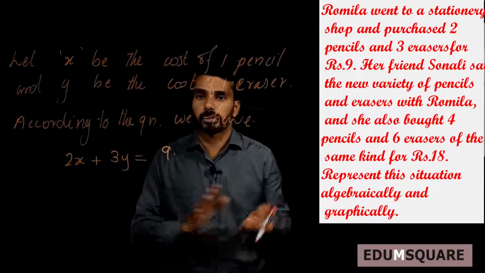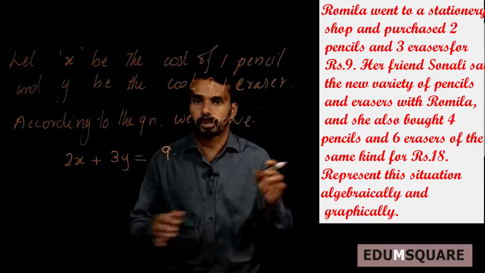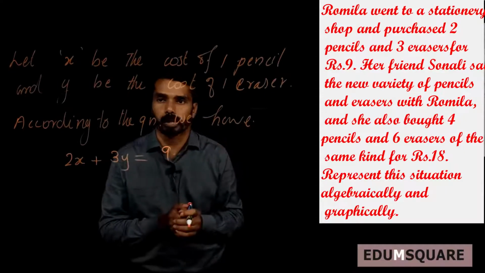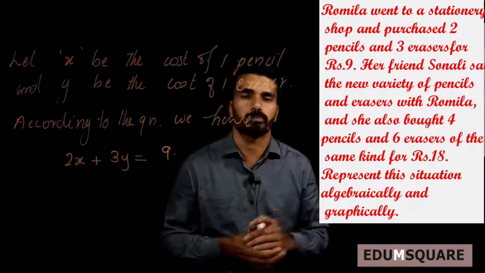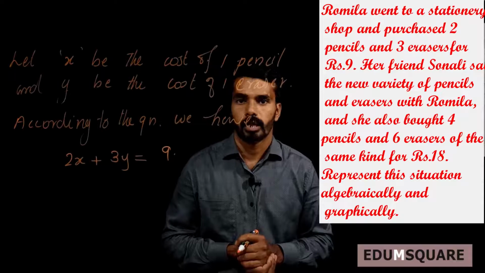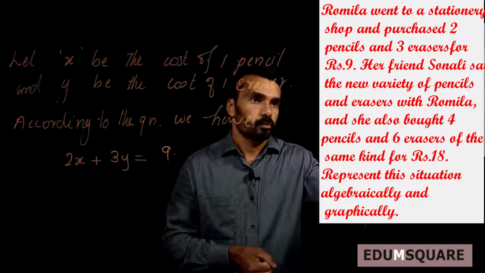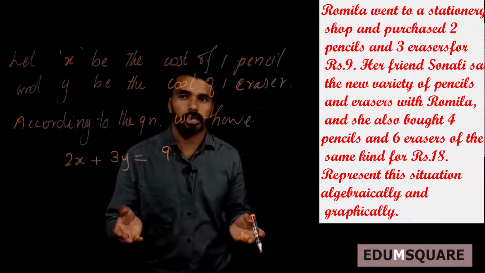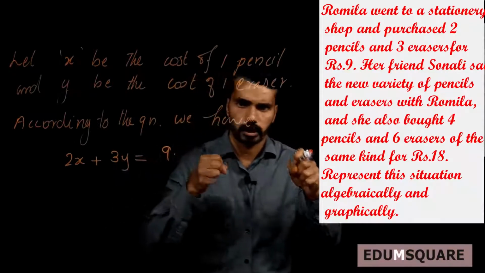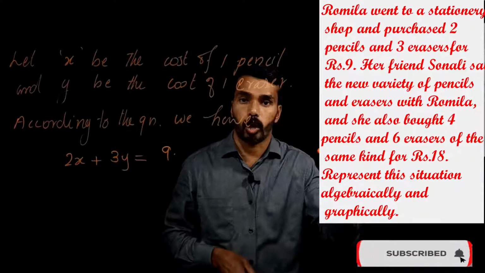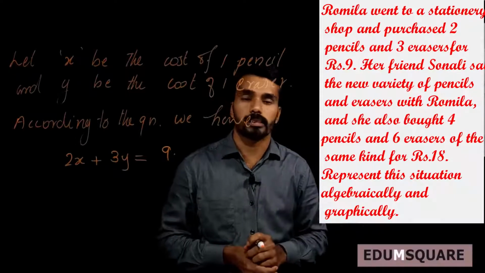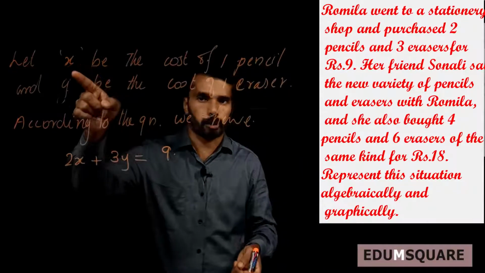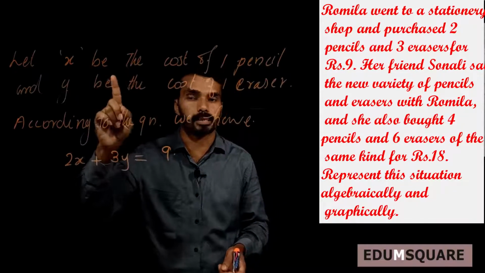Now her friend saw these things and she also decided to buy this new type of variety kind of pencil and erasers. She bought 4 pencils and 6 erasers, right? And here also the cost of 1 pencil is x.